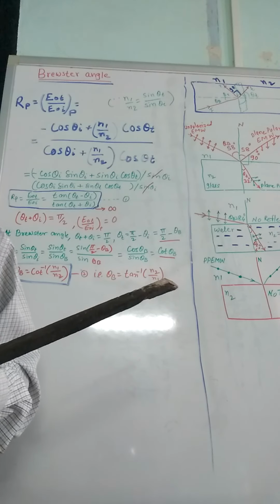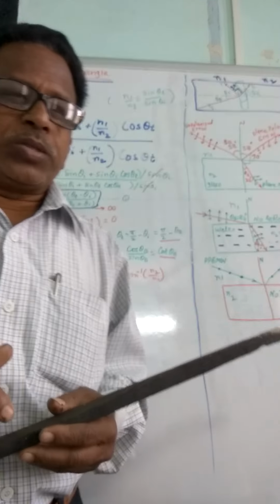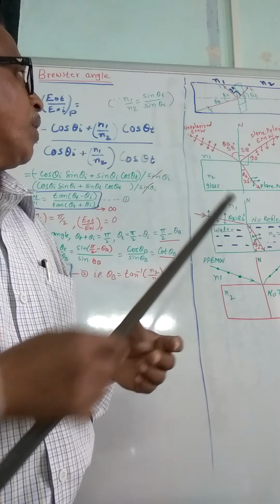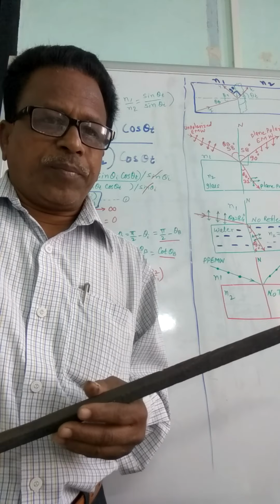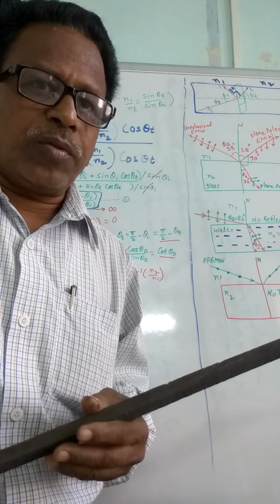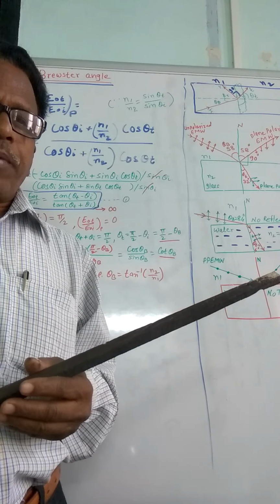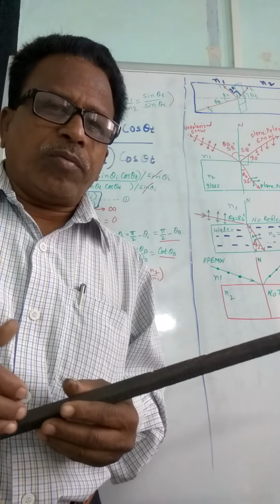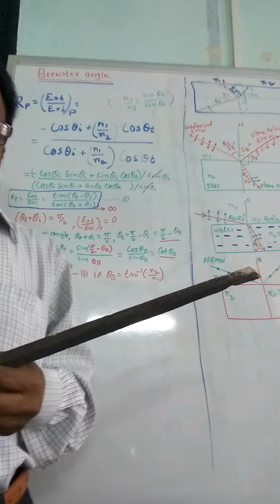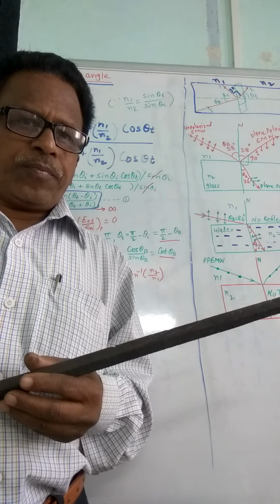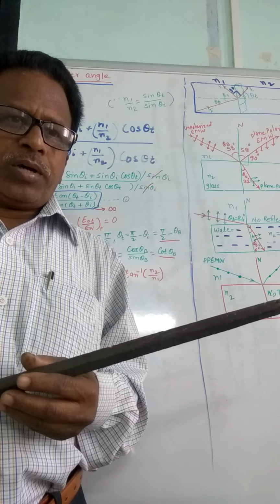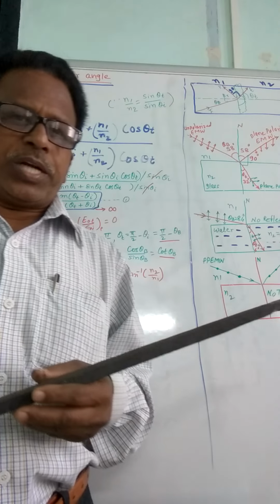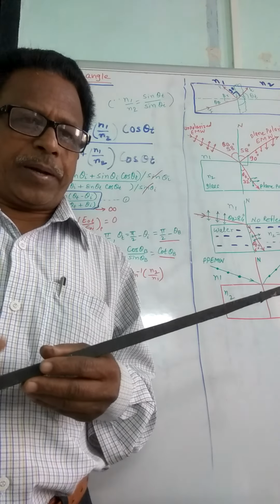Okay, so if an unpolarized wave is incident on the interface at the Brewster angle, then only the component of the wave with the electric vector perpendicular to the plane of incidence will be reflected.